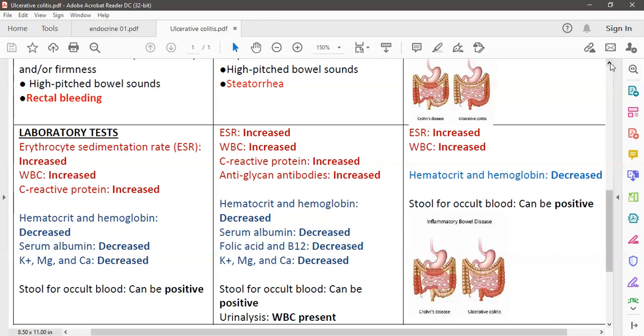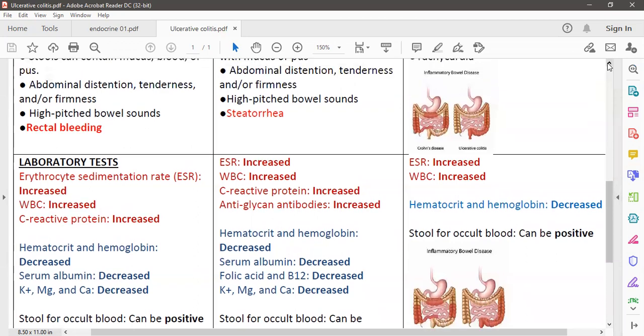So my friend, ulcerative colitis and diverticulitis cause pain in the left lower quadrant, but Crohn disease causes pain in the right lower quadrant. This is the compare and contrast.